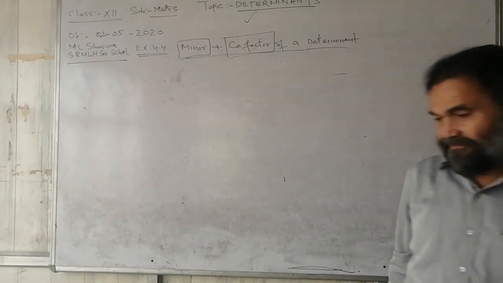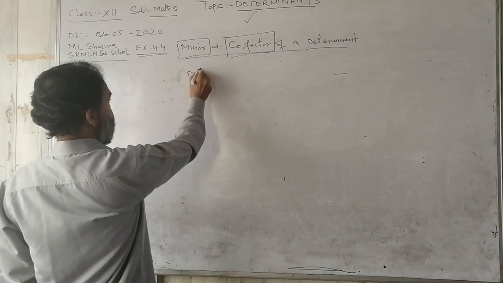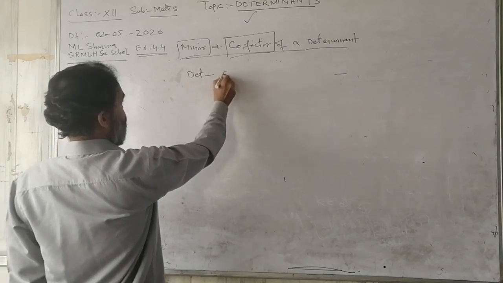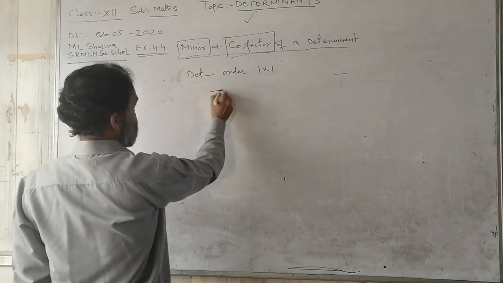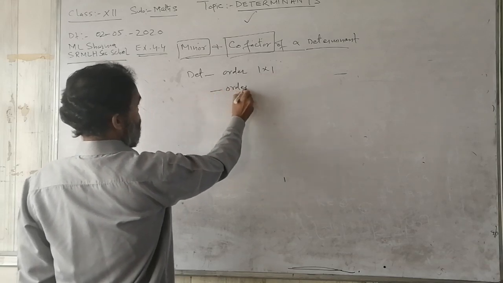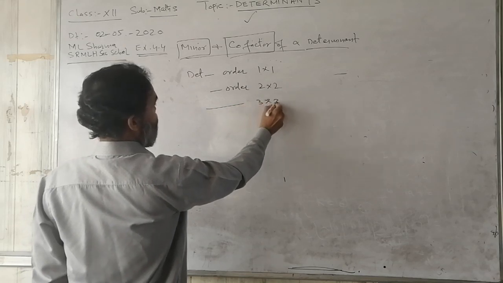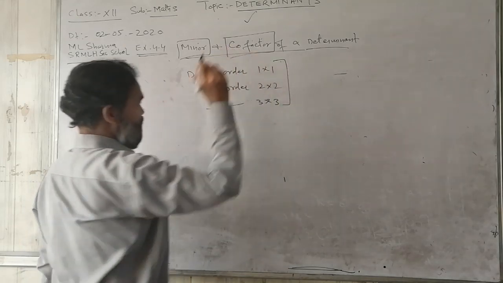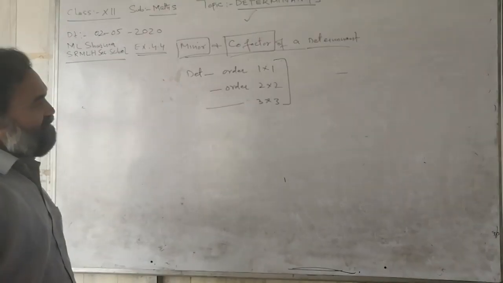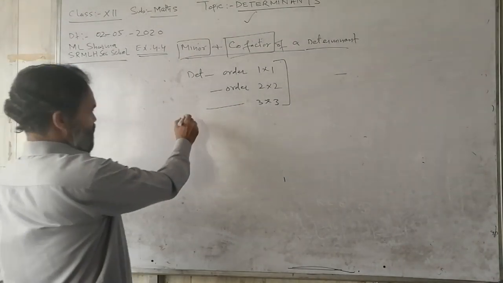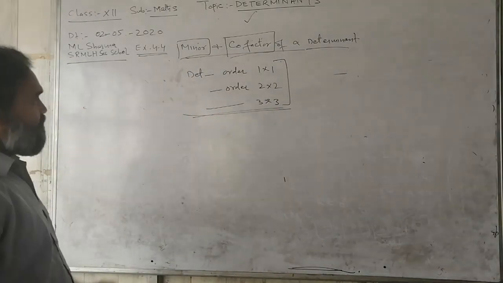So far we have studied determinant of order 1 by 1, order 2 by 2 and order 3 by 3. So in class 12 up to 3 by 3 determinant order is asked. 4 by 4 is not asked up to this level.